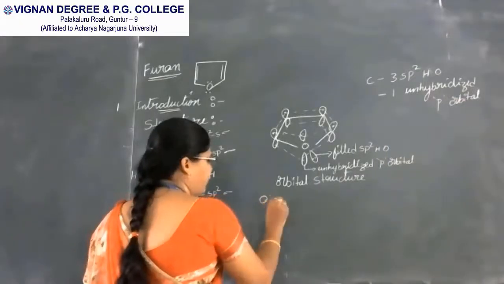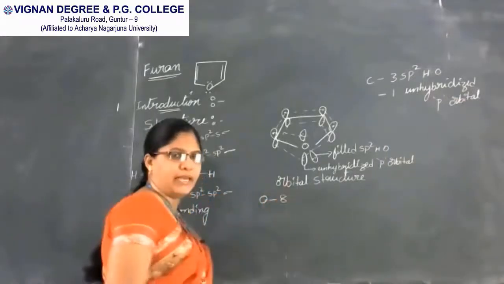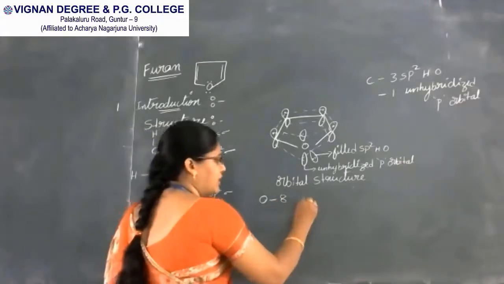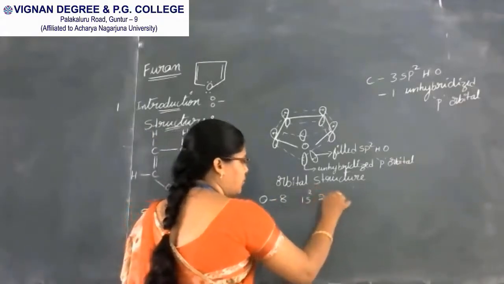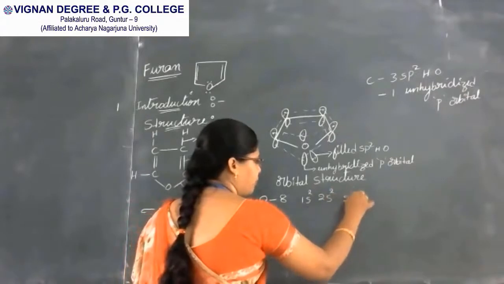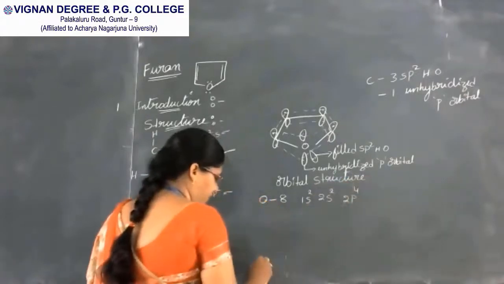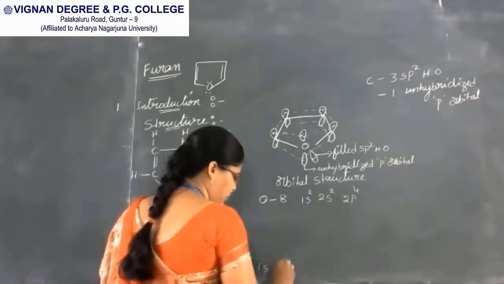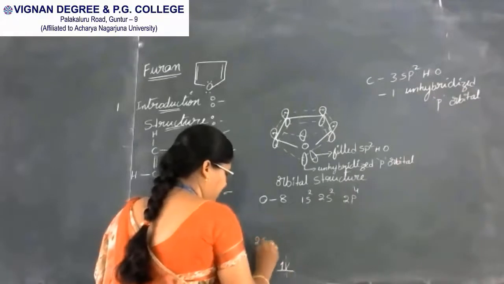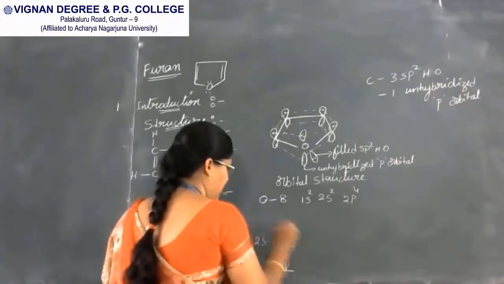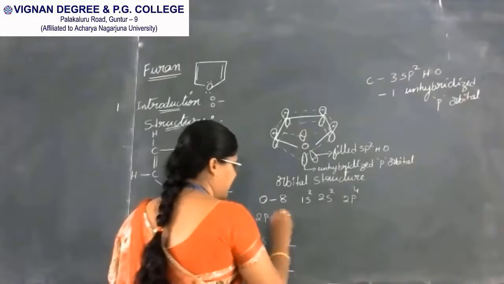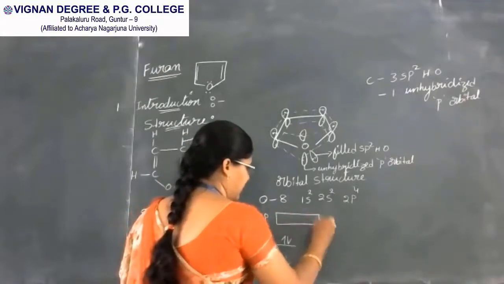The atomic number of the oxygen atom is 8 and its electronic configuration is 1s2, 2s2, 2p4. That means the 1s orbital contains 2 electrons, the 2s orbital contains 2 electrons, and the 2p orbital contains 4 electrons.